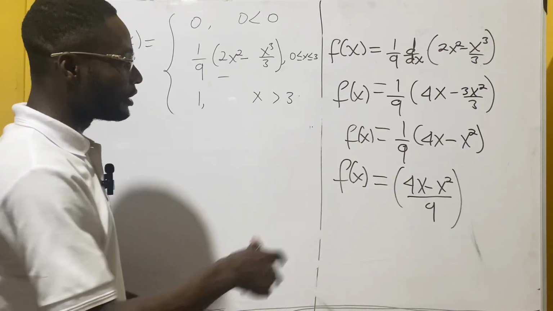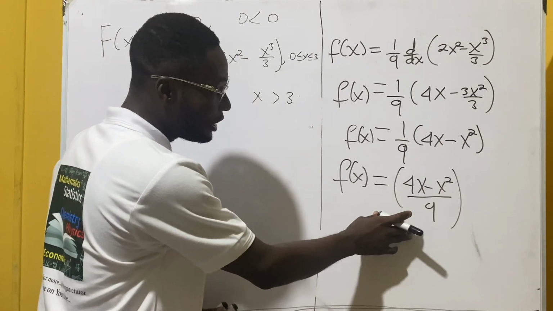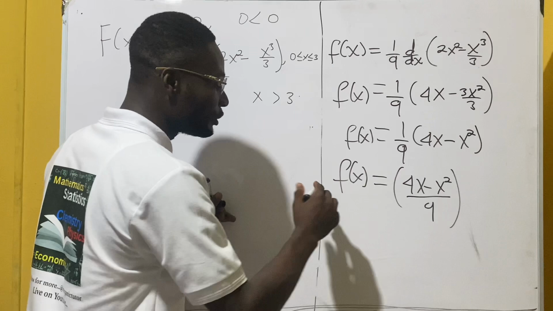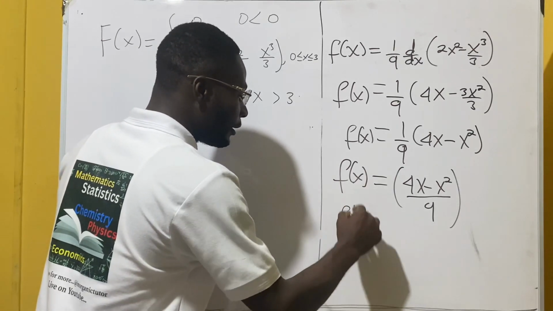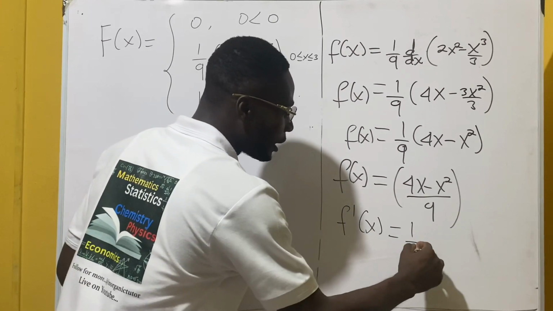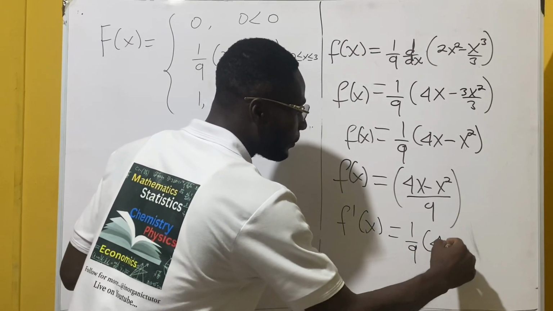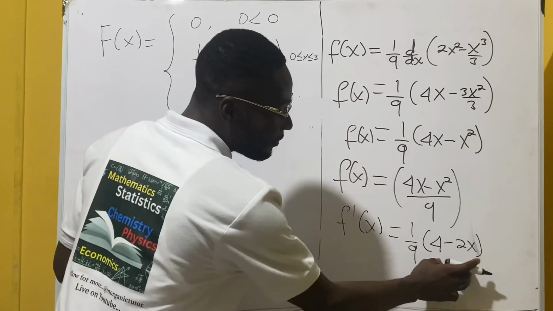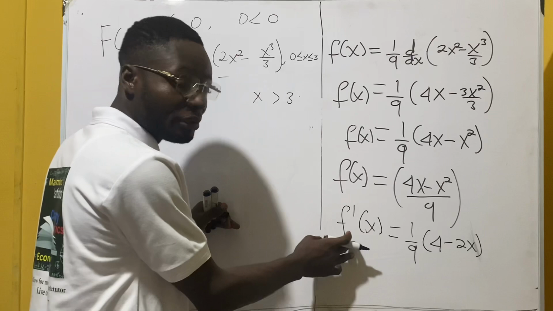Okay, so when we differentiate the PDF, right? The first differential of the PDF will be equal to 1/9 into 4 minus 2x over here. So we have the first differential of the PDF.